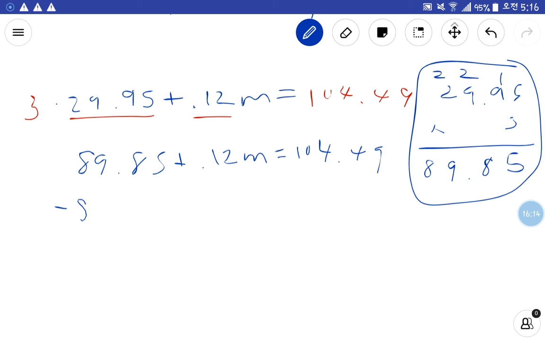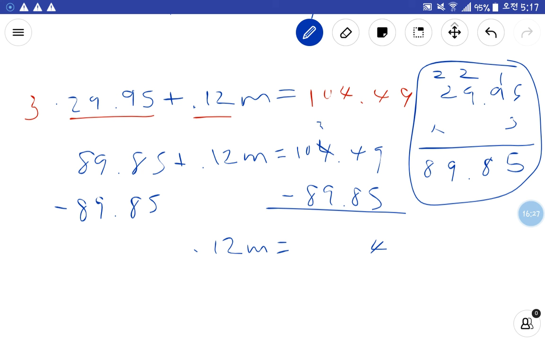Now I'm going to subtract 89.85 from each side, and you have 0.12 m equals, you need to borrow, and it gives 14.64. That's what I have. Now you are going to divide by 0.12 on each side.